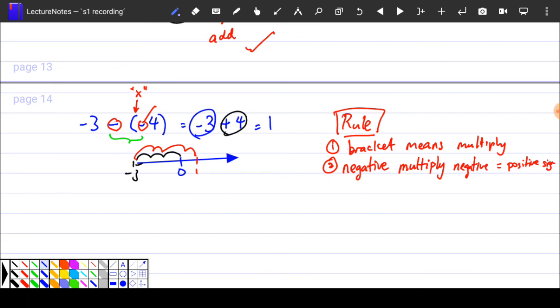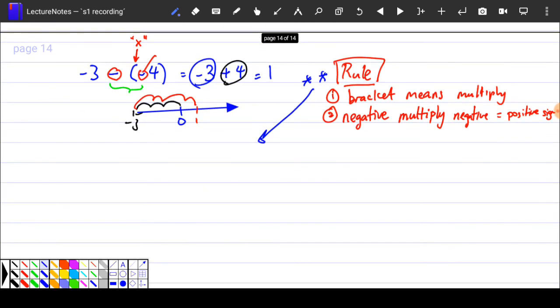Now let's explore more about this rule again. So for example, if I have negative, bracket, negative 2, what is the answer for this? So we see again, bracket means multiply, and whenever I have a negative times a negative number, it will be positive.